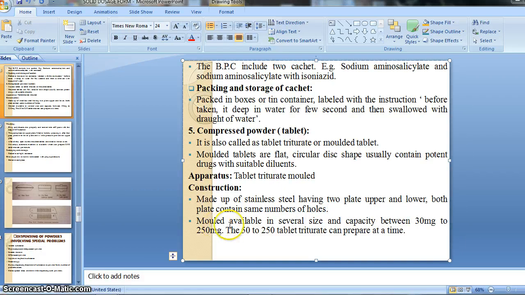The mold is available in several sizes and capacities, between 30 mg to 250 mg.